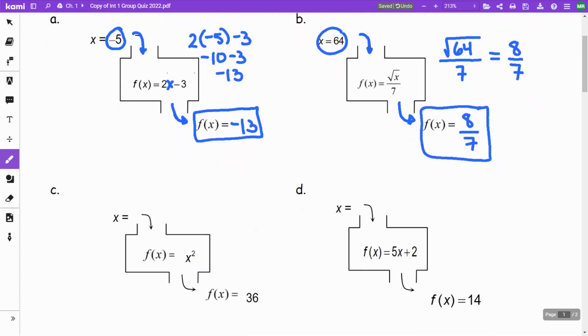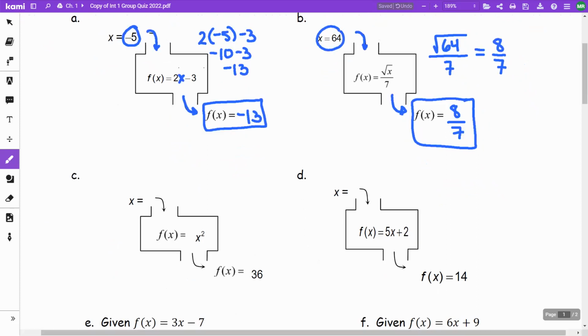On C. For this one, I don't know what we're putting in. I know that the output is 36. So I'm trying to figure out what can I square to get a 36.